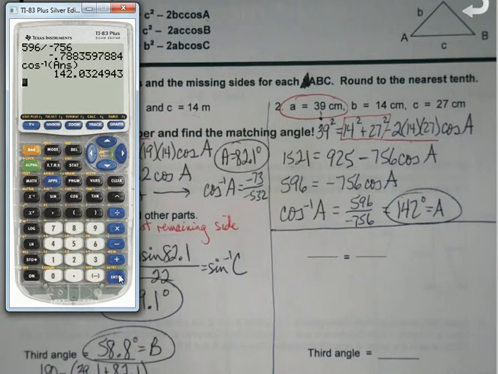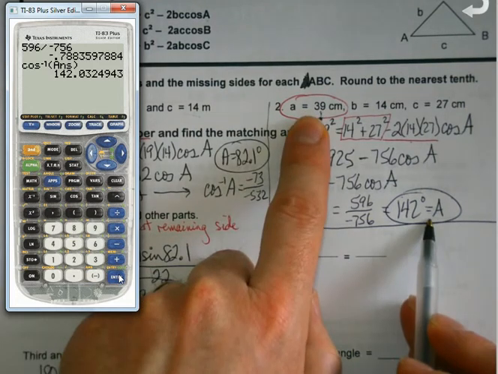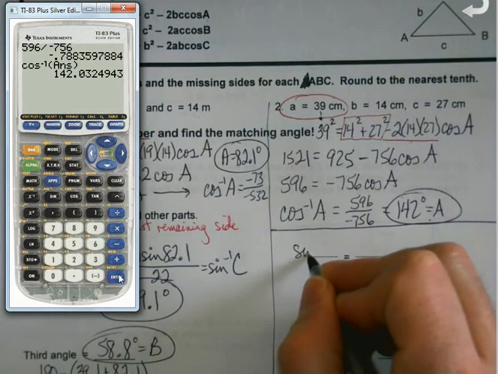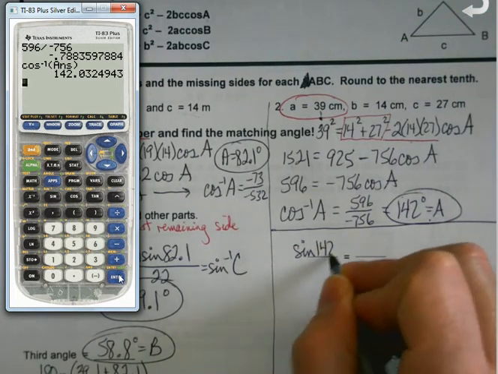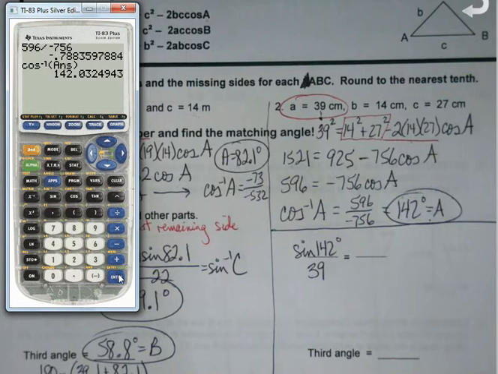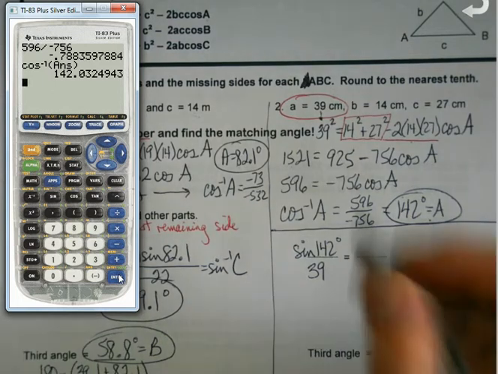Reminder, once you get that, because you now have a corresponding angle inside, I'm going to be able to use the law of sines from here on out. But which side am I going to be using? The 14, because I have to use the smallest one now that I'm to the law of sines.